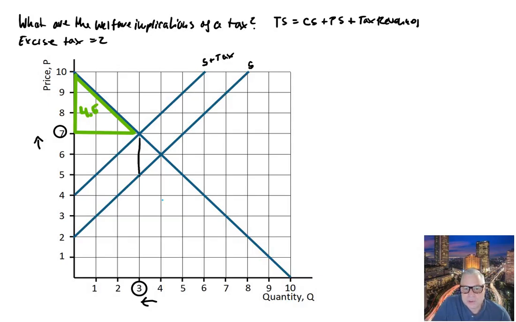This is the net price, the one that the producers get. And so now producer surplus is everything below the price of 5 and above the original supply function.